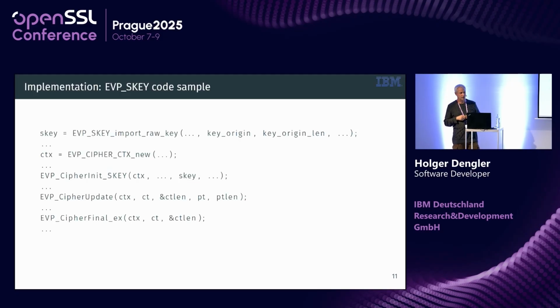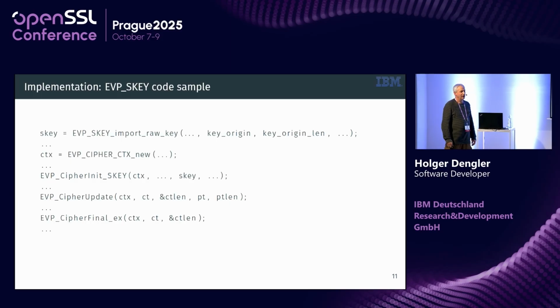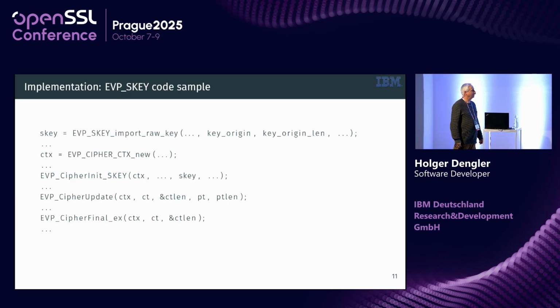Okay, so EVP-S key, Dimitri also covered this. This is a code sample without any error handling, showing how we expect an application could look later.